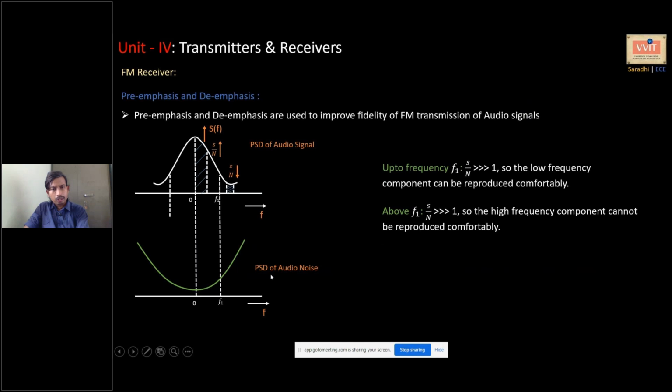These are PSDs, power spectral densities. The noise PSD is like this: noise is increasing rapidly after f1, but noise is somewhat less over here. That is why the signal to noise ratio is high here and less here. That is what is being explained here.